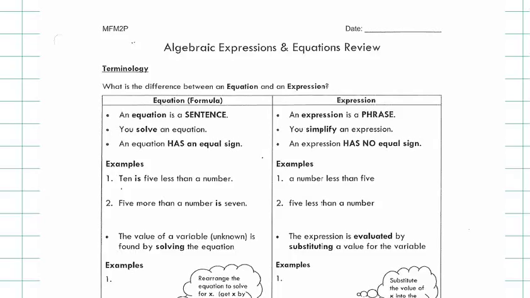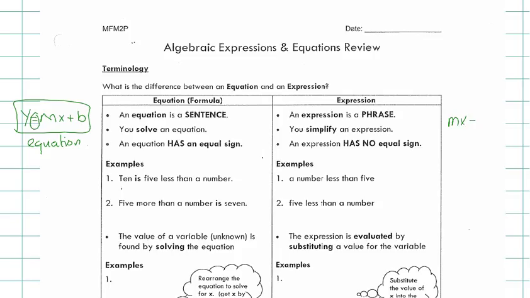All right? So for example, when I say y equals x plus b, right? Because I have that equal sign right here, I call this an equation. Okay? If you don't have an equal sign and you just have, let's say, mx plus b, right?